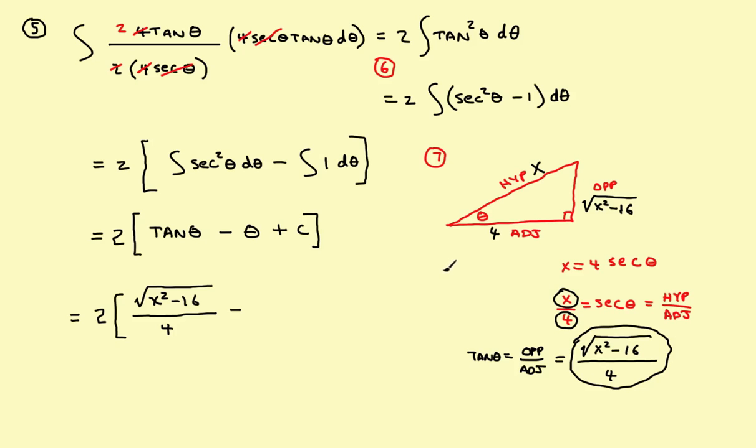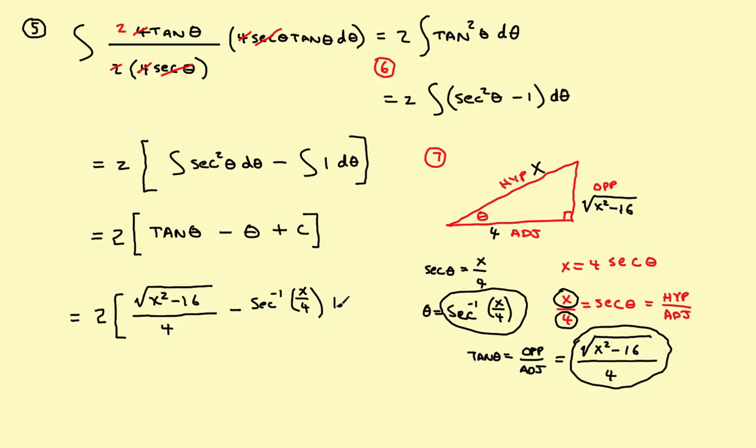You know that the secant of theta is equal to x over 4. Therefore, theta would have to be the inverse secant of x over 4. And now you've got what theta is equal to. So in place of theta, you can put the inverse secant of x over 4.